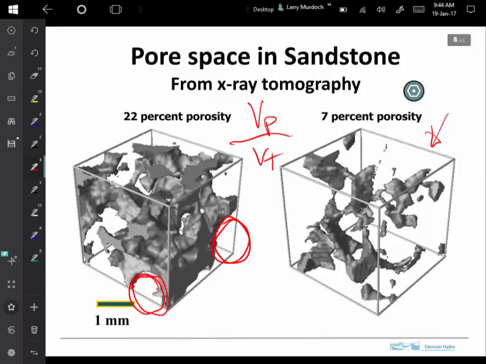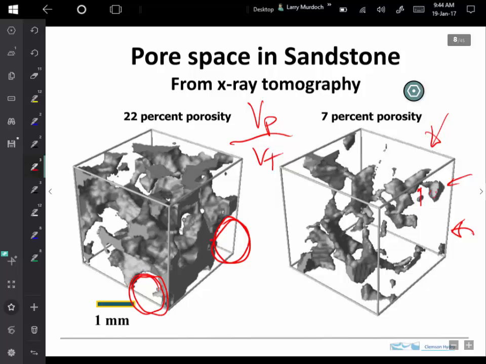As you reduce the amount of porosity, obviously there's less pore space, but also what you see is that the pores, like look at this one right here. So there's a pore, it's a fairly decent size, but it necks down to a very small neck.